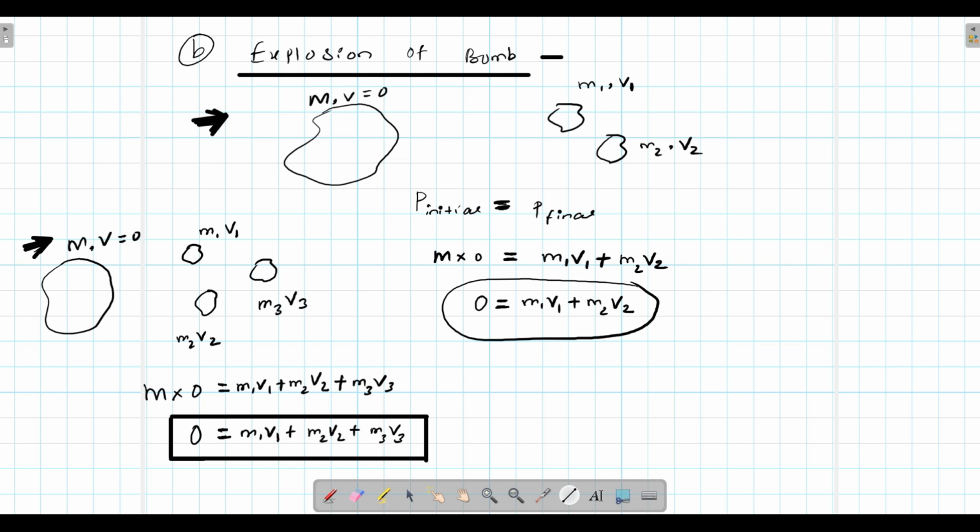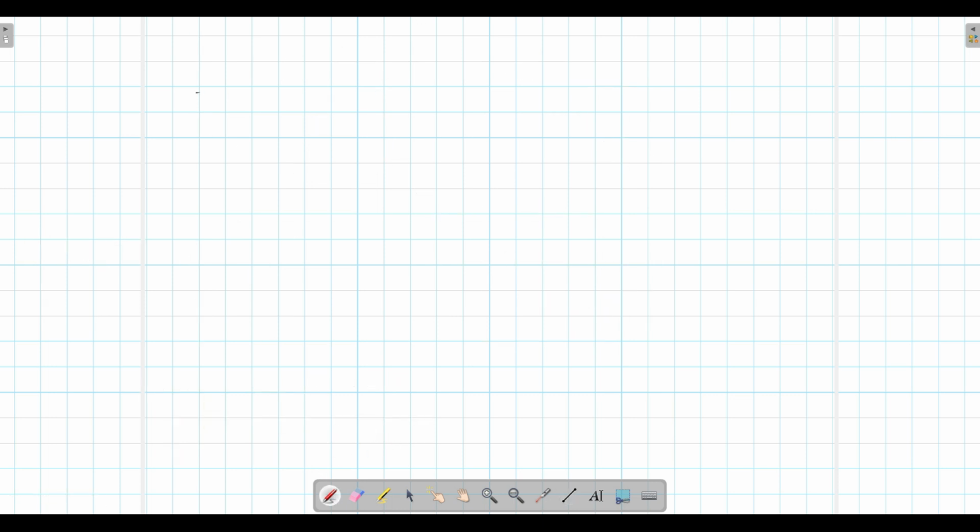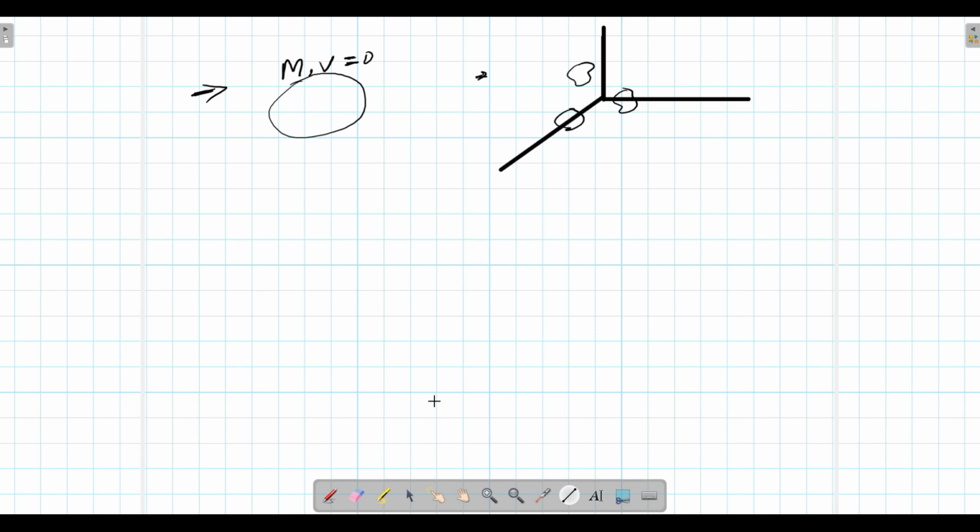So next, if after explosion the pieces move at right angle to each other, the mass is m, speed is 0. The pieces are m1 v1, m2 v2, m3 v3.